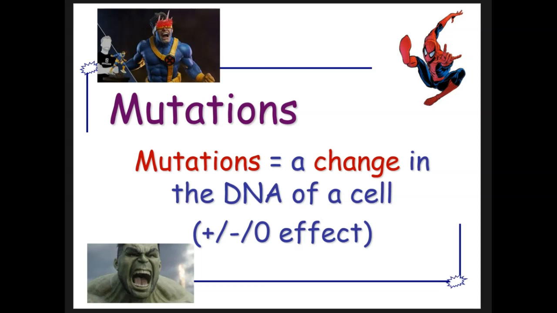Let's discuss the different types of mutations, where or how they can occur, and we will also look at some environmental factors that can influence the rate of mutations, and finish by looking at some possible effects of mutations.